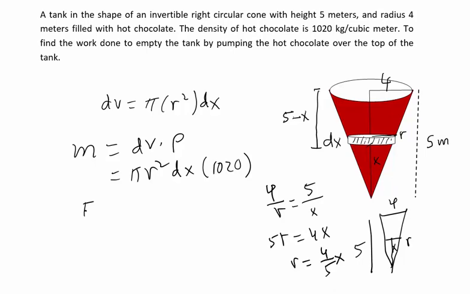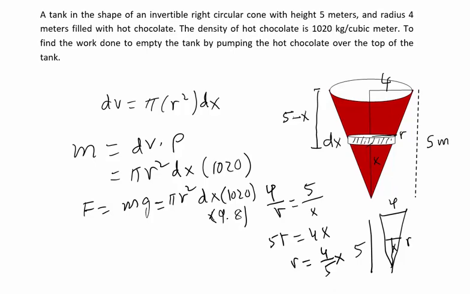That force will be m times g, where g is 9.8. So we have pi r squared dx times 1020 times 9.8. That is the force, and each slice will move the distance 5 minus x, as you can see from here.